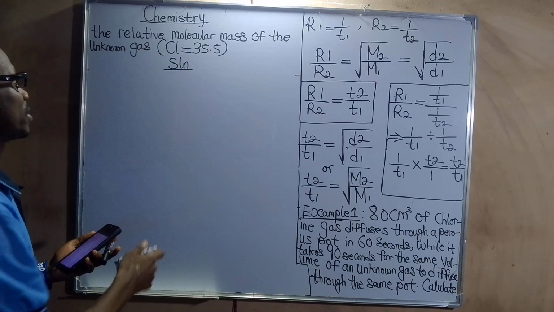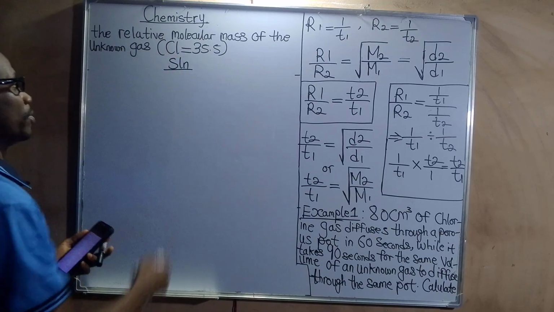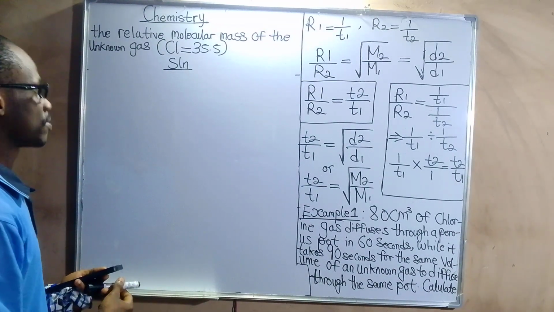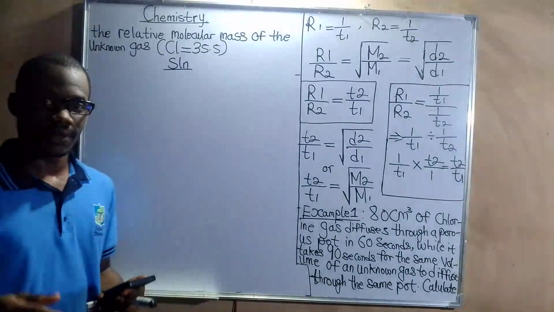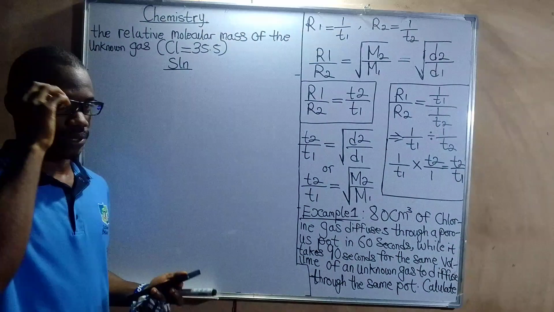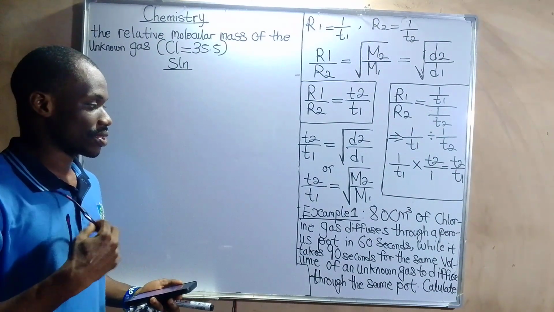Now you were given the relative atomic mass of chlorine, which is 35.5. So that's the relative atomic mass or the relative molecular mass of what? Of chlorine. So we are going to solve this question now.